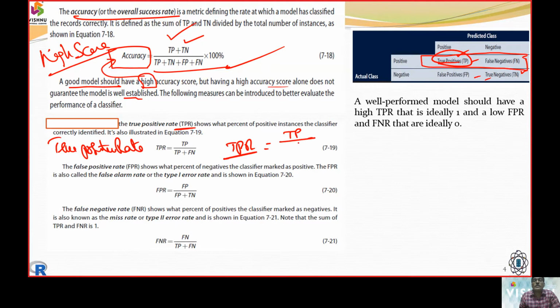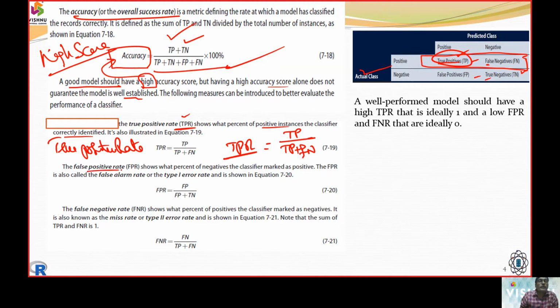That is true positive divided by true positive plus false negative. It tells, within a definition, what percentage of positive instances the classifier has correctly identified. Supplying negative, I know it is supplying false, I gave it intentionally. This is real. Supplying true, I gave it intentionally. This is real. So I get this value as the true positive value.